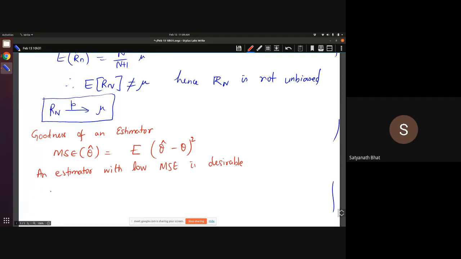The mean square error of an estimator is given by the bias of that estimator squared plus the variance of that estimator. This is a very nice property, and it will come in again when you are doing overfitting and underfitting. These concepts will get repeated. It is an important property, so let's try to prove it.